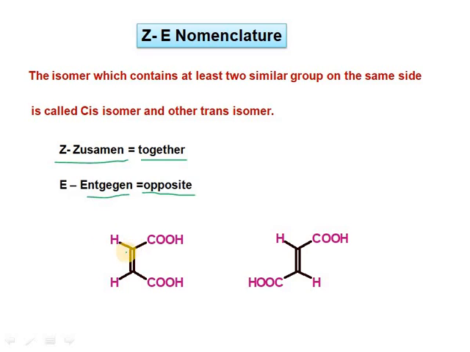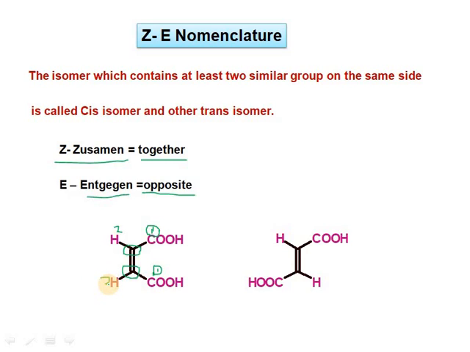Now these are the carbons bonded through the carbon-carbon double bond to other carbons. Giving the priority, this one is first because the carbon has the highest priority, and this is second. Similarly, on the other carbon, this has first priority and this is second priority.